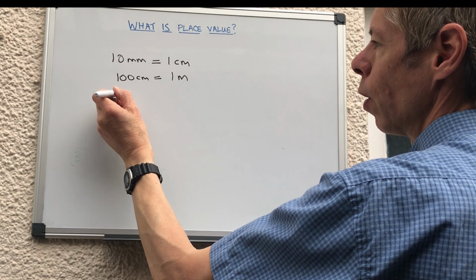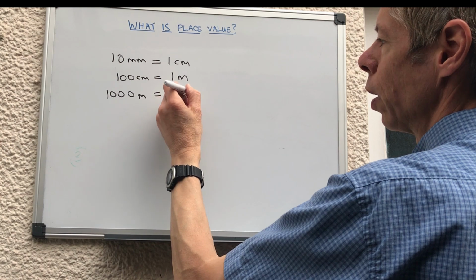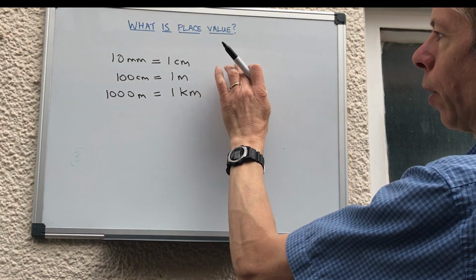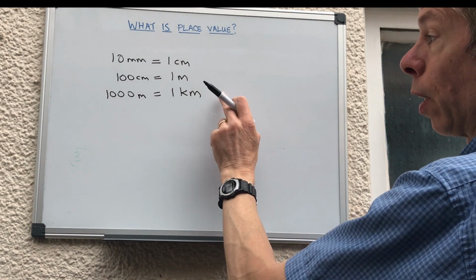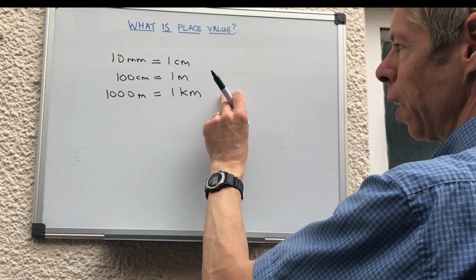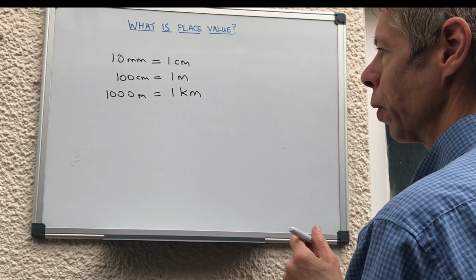We have 1,000 meters equals 1 kilometer. Of course, we also use inches, feet and miles around here. We'll do that in another series, how you convert between what we call imperial and the metric system.